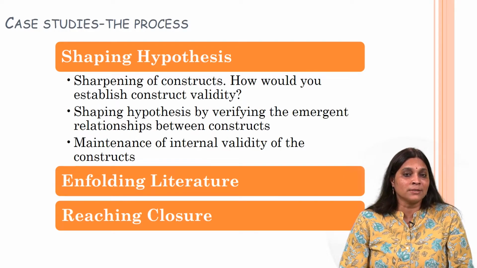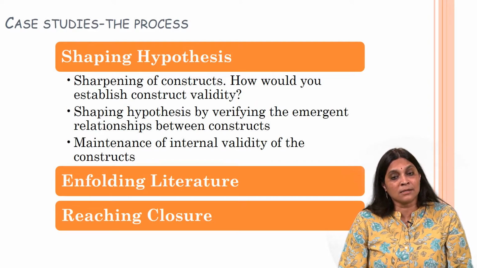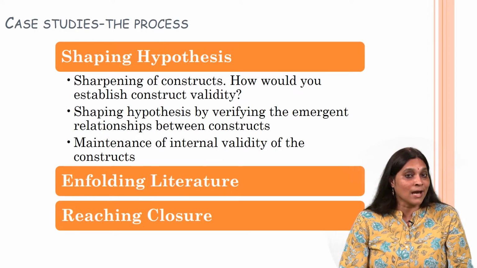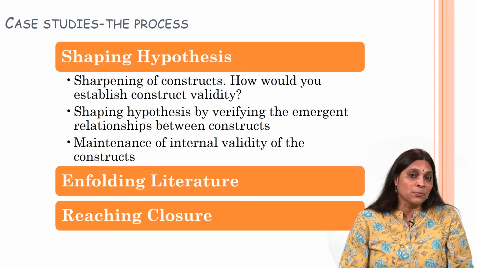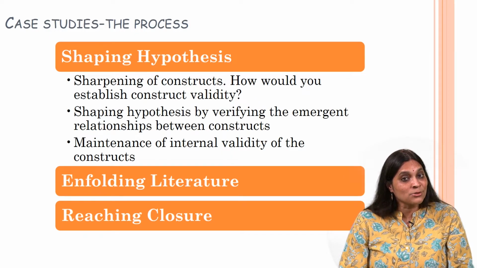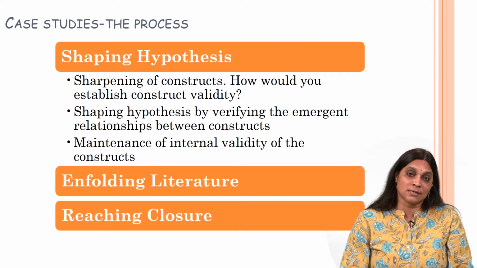You shape hypothesis by verifying the emergent relationships between the constructs, and you maintain the internal validity between the constructs. So, if you are proposing an initial relationship between the constructs, then that relationship should be accurately validated through the empirical data that you collect.